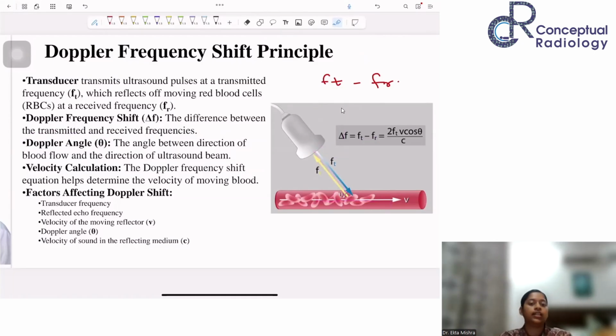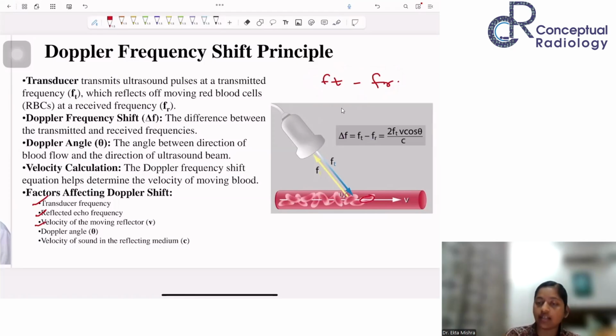Okay. Then coming to the velocity calculation. So Doppler frequency shift. This frequency shift is going to help us determine the velocity. So in summary, the factors that are going to affect the Doppler shift are the transducer that you are using for your ultrasound, its frequency, the received frequency, the FR, then the velocity of the moving reflector.